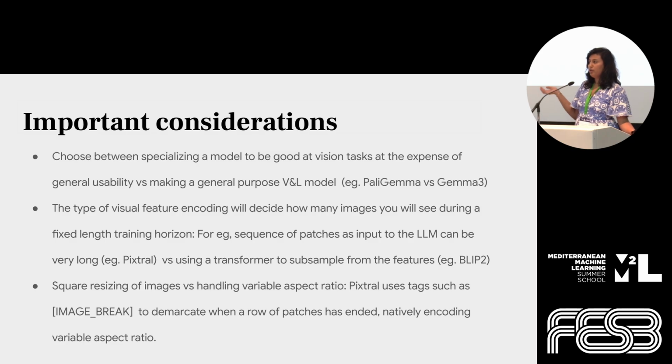The example I'd like to point out here is PaliGemma. This was a model also from a collaborating team at DeepMind where they took the Gemma models and then continued fine-tuning it on vision tasks. And at the end, you have really good, powerful object detection models, segmentation models, all of this, but it's no longer very good at summarizing your email, for example. So yeah, it depends on what you want.